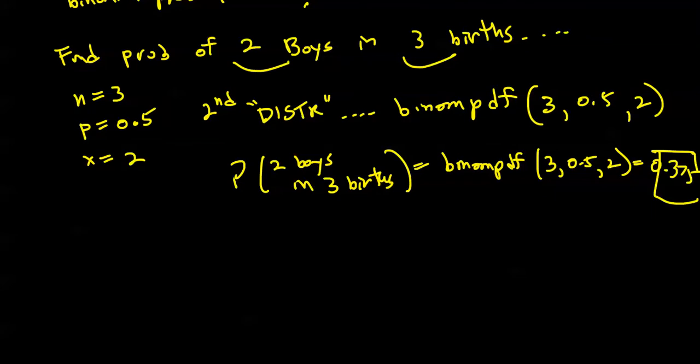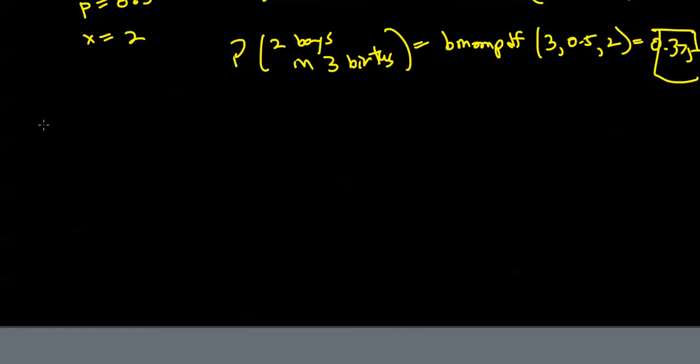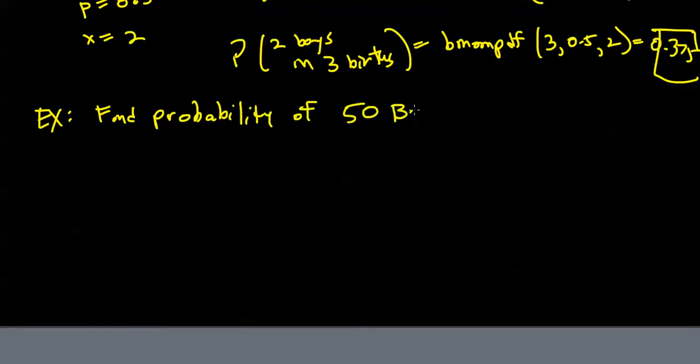Now that we can expand our horizons a little bit, let's do another example. Find the probability of 50 boys in 100 births.